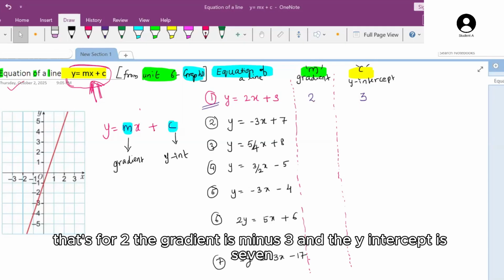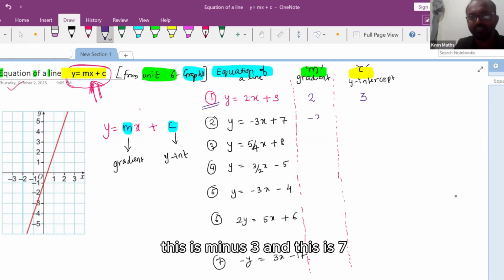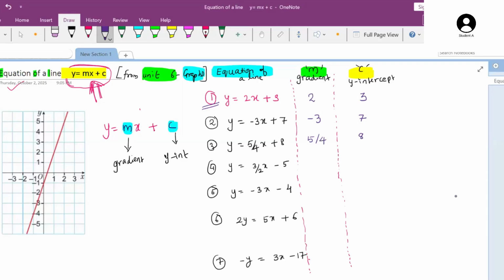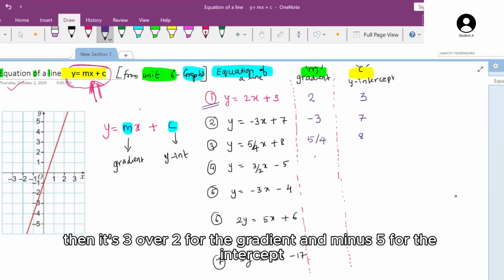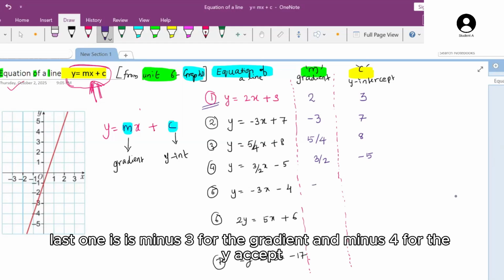Then for 2, the gradient is -3 and the y-intercept is 7. Superb. The next: the gradient is 5/4 and the y-intercept is 8. Next: 3/2 for the gradient and -5 for the y-intercept. Correct. The last one is -3 for the gradient and -4 for the y-intercept.